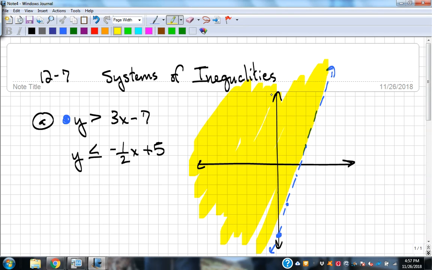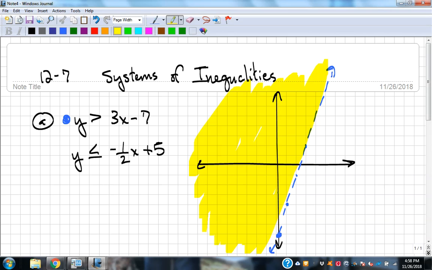You could also use a test point if you're not sure about that. The test point that you could use here would be the origin, 0, 0. When you plug those values in for x and y in the inequality: is 0 bigger than 3 times 0 minus 7? Yes, 0 is bigger than negative 7. So we would shade that side. If it were false, we would shade the other side.